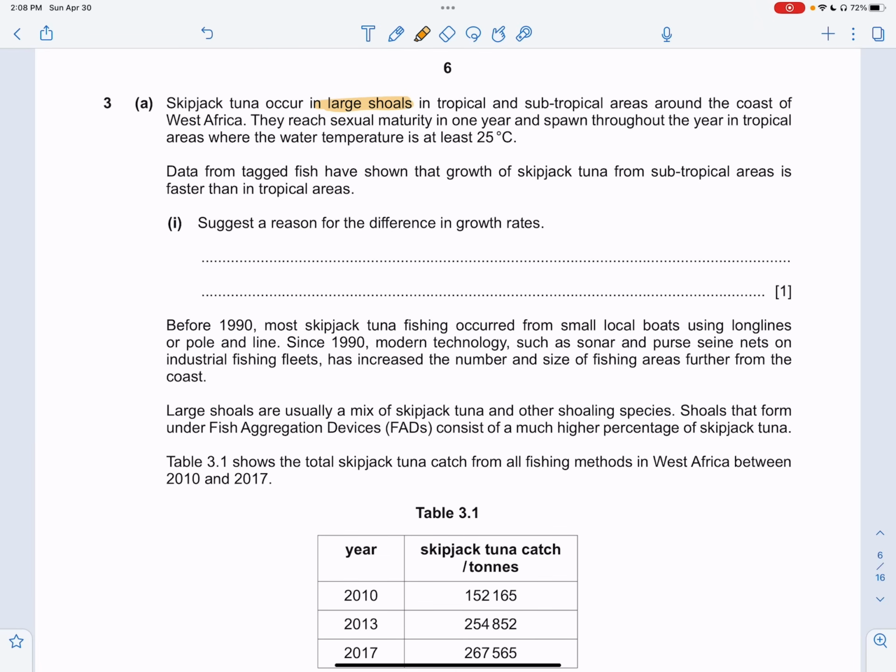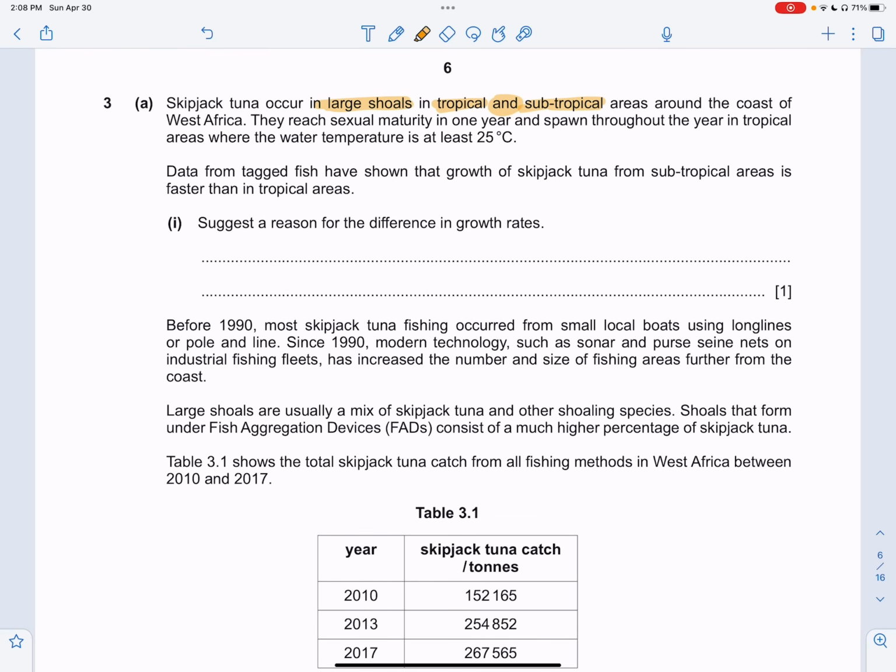So whether it's for getting a mate or to avoid predation or to find a food source, increase their own hydrodynamic efficiency so they can swim faster. And so they occur in large shoals in tropical and subtropical areas. It's not temperate though. I take that back. It's not seasonal. It's not temperate. It's subtropical.